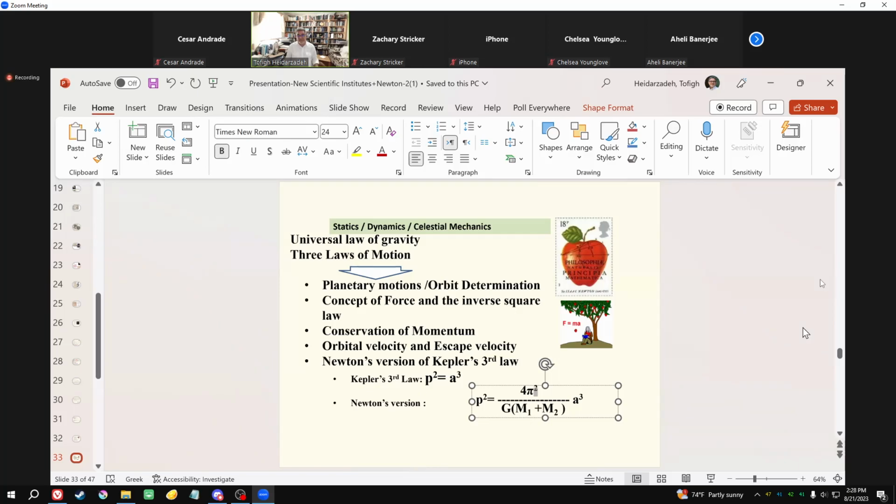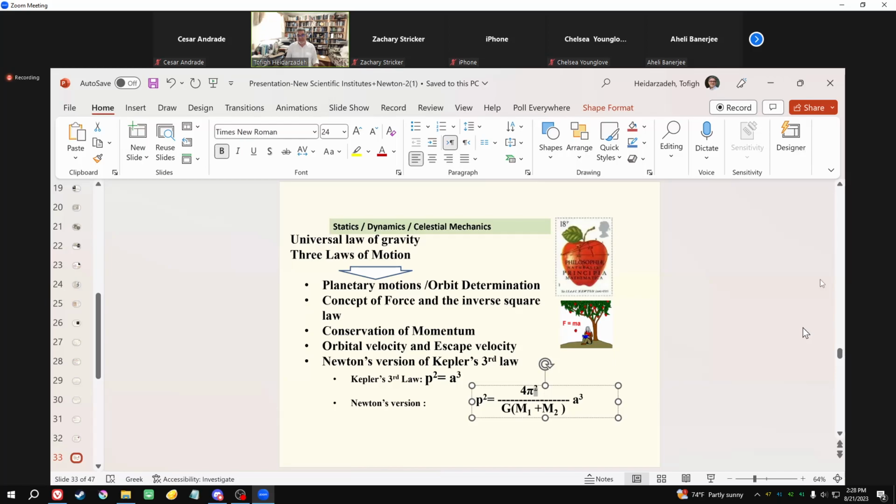Anyhow, to commemorate Newton, Great Britain published this stamp with Newton's apple. Anyhow, back to planetary motions. He was able to create planetary motions based on three laws of motion and gravity.